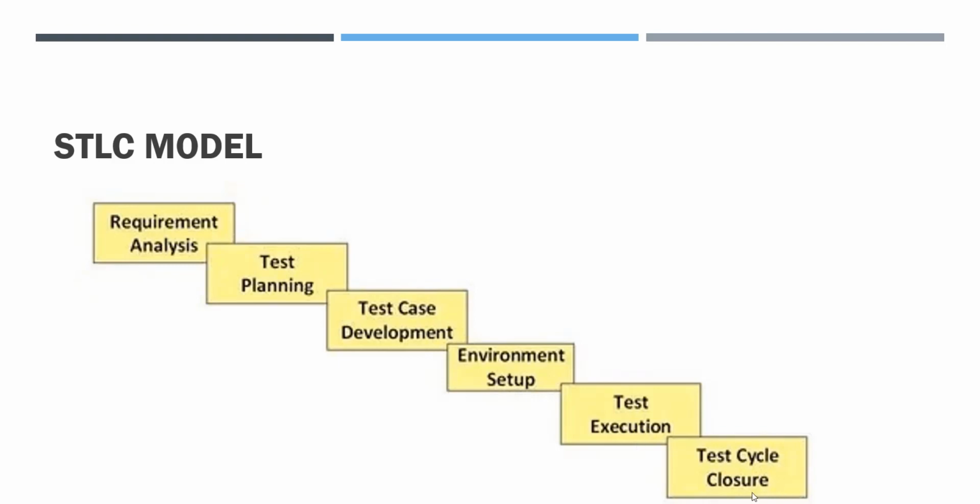Then we are coming to the test cycle closure phase. In this test cycle closure phase, we are seeing what testing measures we have covered, how much time we have taken while doing this particular execution, and how good the quality of the product we got is. Mostly, we are analyzing our testing in this test closure cycle, and we are sending the reports to everyone that our test cycle is completed and our software is tested.